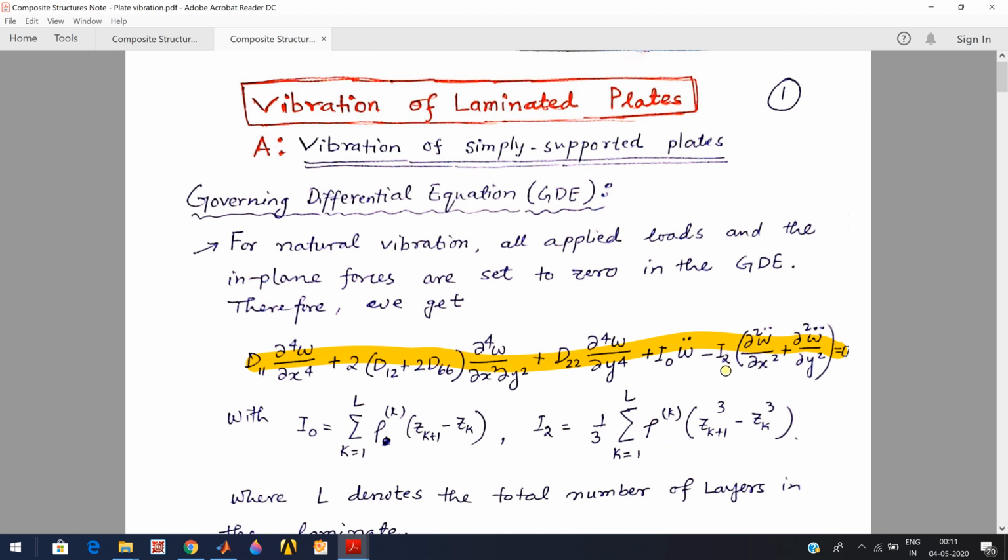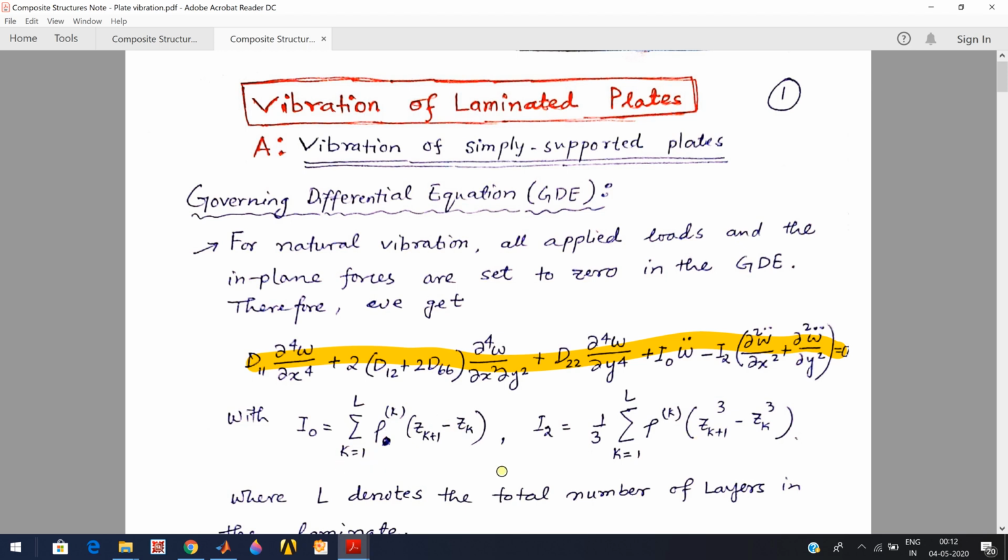Here I0 and I2 are the inertia terms, and they can be denoted using these summation rules for laminated plates. In integration form, we know that I0 is the integral of rho dz and I2 is the integral of rho z squared dz over the thickness.